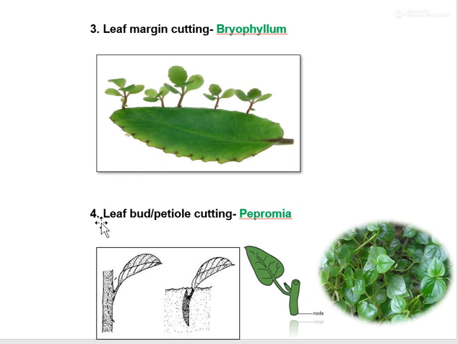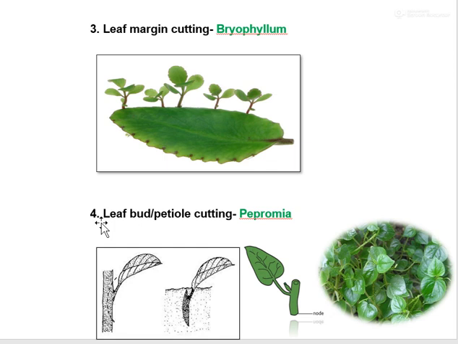And the last one is the leaf bud or petiole cutting. We can take only the bud part or the petiole part with a slightly grown bud, without any leaf part, and place it in a media.